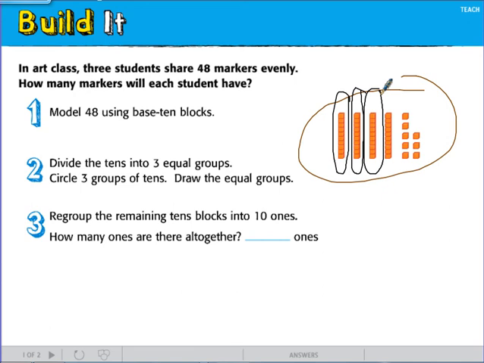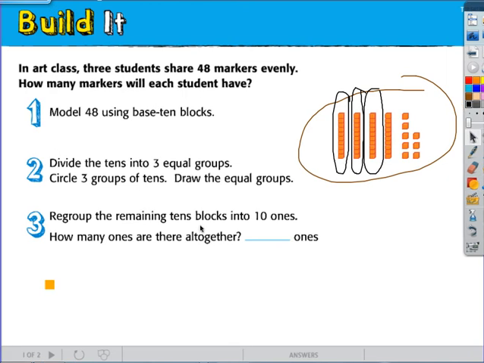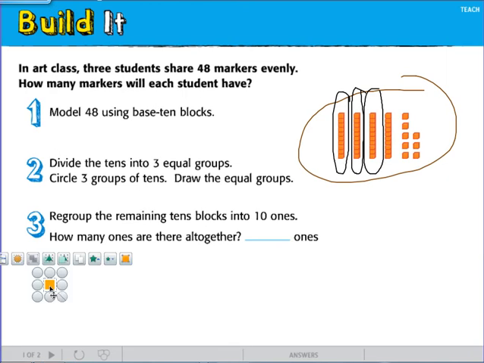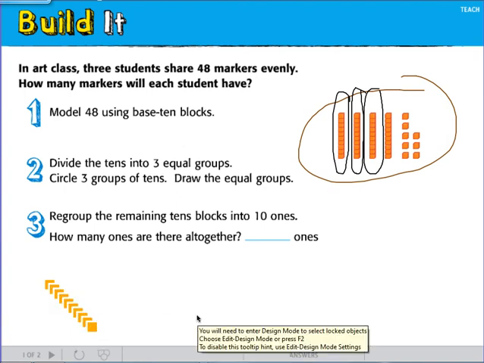Now you're going to regroup the remaining 10 block into 10 ones. Okay? So what I will do, just to save us some time, is break it up. 1, 2, 3, 4, 5, 6, 7, 8, 9, 10. Okay, so now we have 10 more blocks.